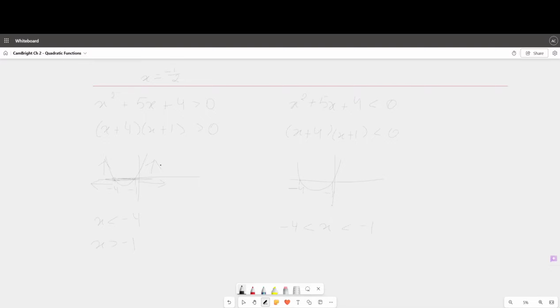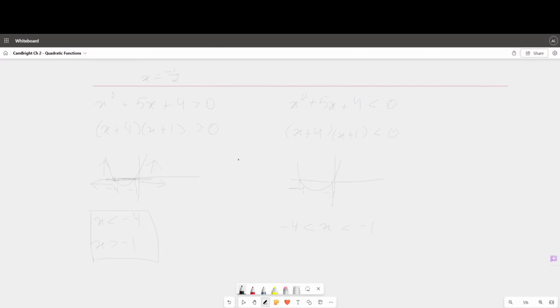The algebraic way involves some complicated algebra, so what you should probably do here is just draw the graph and find the x-intercepts and the region that's above or below, and then your final answer will always involve these.